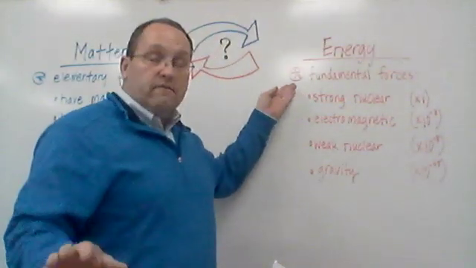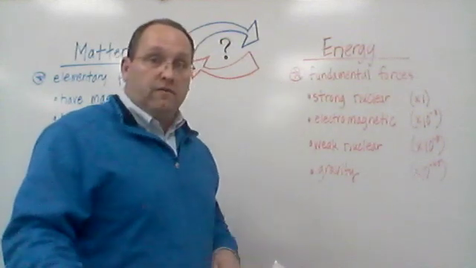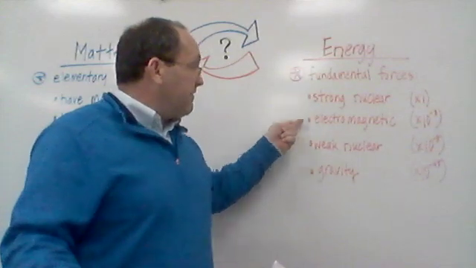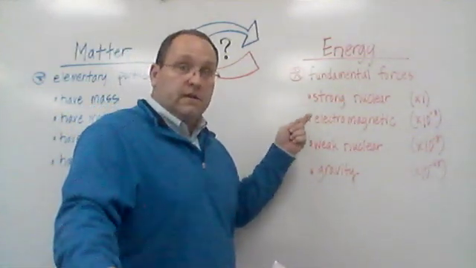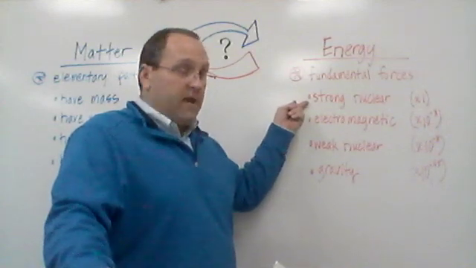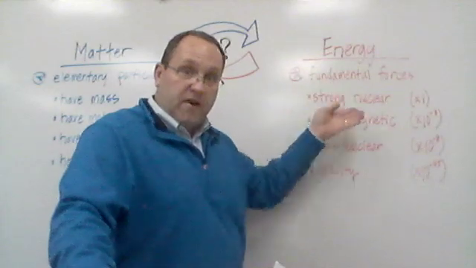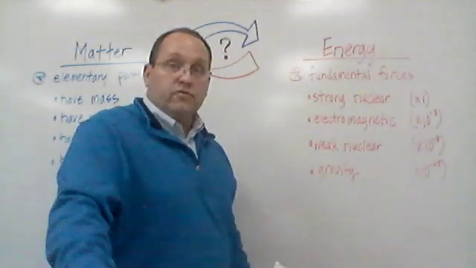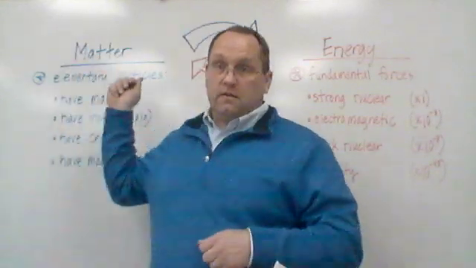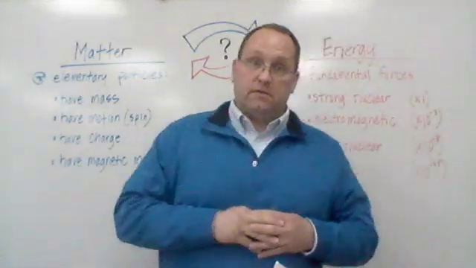And we know from our earlier study of force that there are four fundamental forces in the universe. I have them listed here from strongest to weakest. The first one, the strong nuclear force, we said has a magnitude of 1, and we'll compare the rest of them to it. That's the stuff that holds these elementary particles, the atomic particles, together.